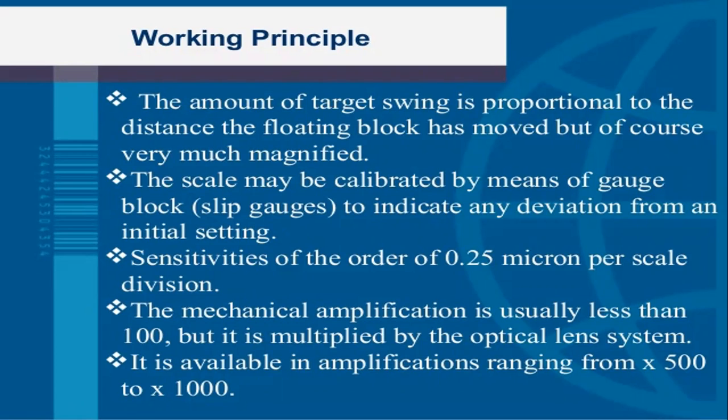The floating block has moved, but of course it is very much magnified, and the scale may be calibrated by means of gauge blocks to indicate any deviation from the initial setting. Generally these scales are calibrated by gauge blocks only, that is slip gauges, to indicate the deviation from any initial setting.